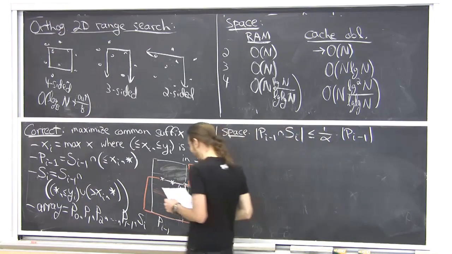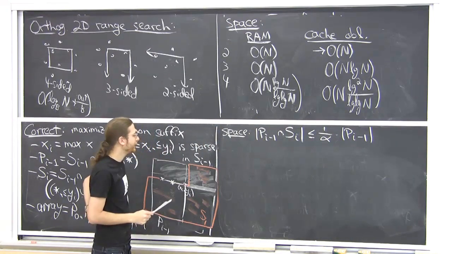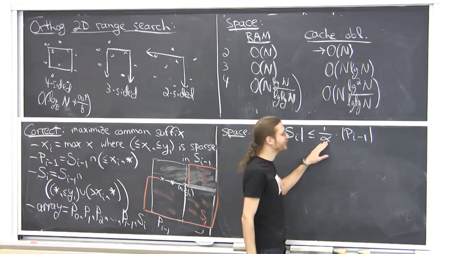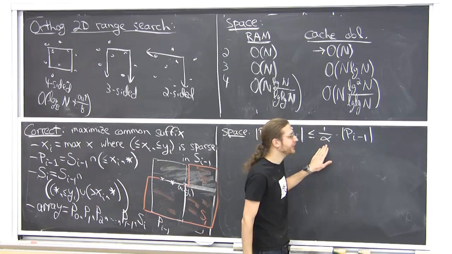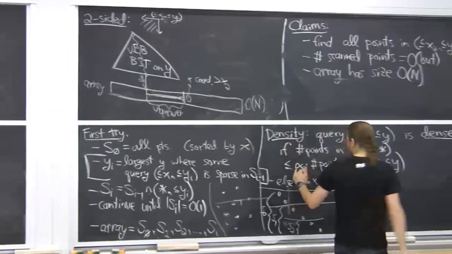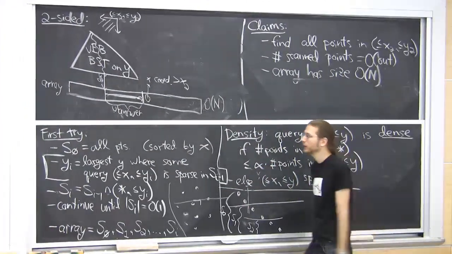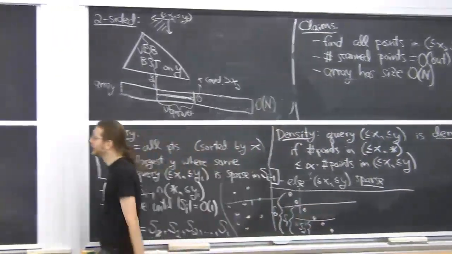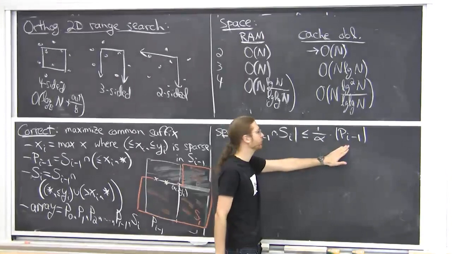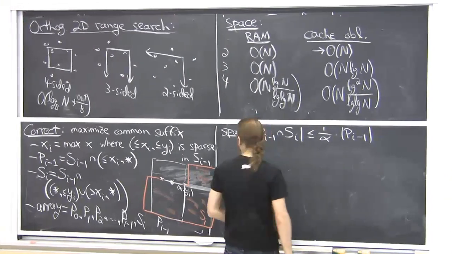Okay, this is hard to even interpret what it means, but it's good news. So remember, alpha is a number bigger than 1. It's what we use in the definition of density. And you can set this parameter whatever you want. Say 2. Okay. So then we're going to get that this thing, whatever it is, is at most half the size of the previous one. Okay.